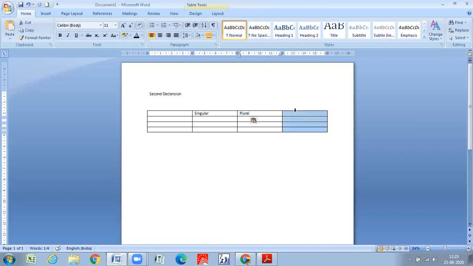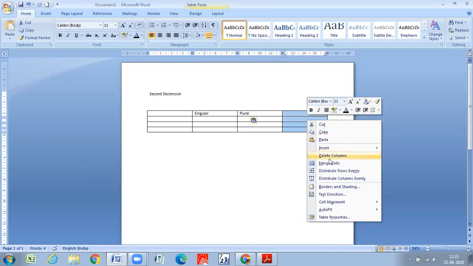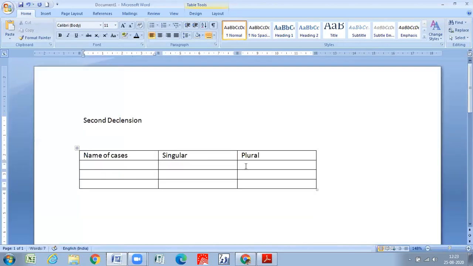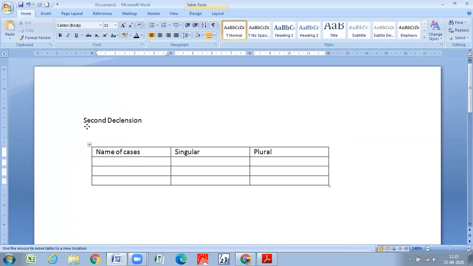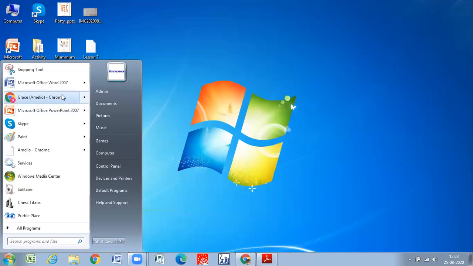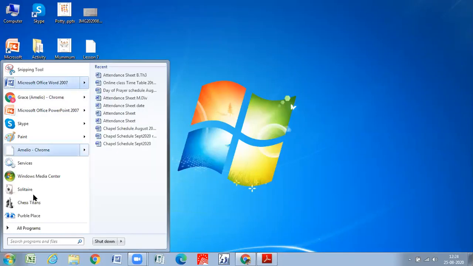So this is name of cases, then let me make it bigger. Let's say second declension.